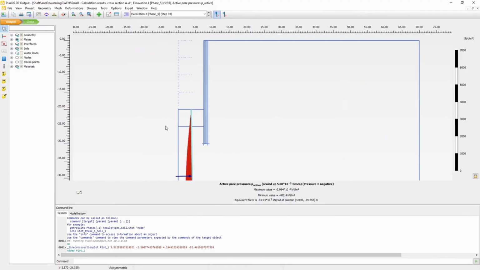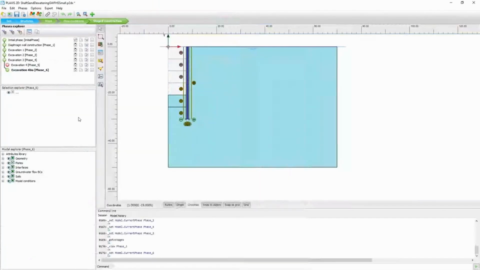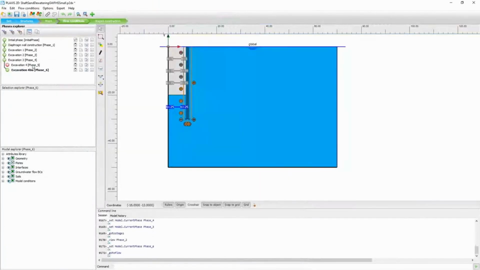And that's the reason why I have introduced a last phase here, where rather than using 20 meters, I was considering pumping the water even lower, at minus 25, in order to reduce the gradient, increase the weight here, and have something which is stable, which is going to be achieved.